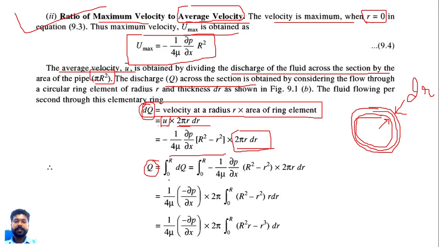So let us integrate dq from 0 to capital R: minus 1 upon 4 mu del p upon del x, r square minus R square, into 2 pi r dr. The constant terms are outside the integral sign and the remaining is r square minus R square into r dr. Multiplying this r with the inner bracket, we get this equation.